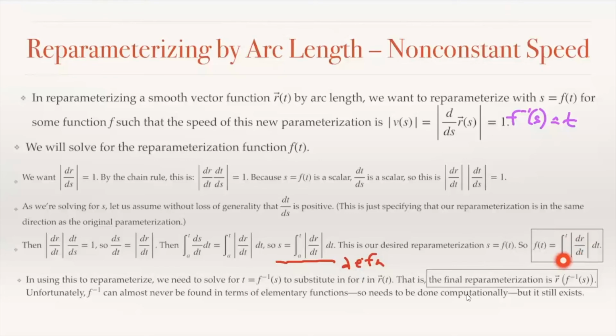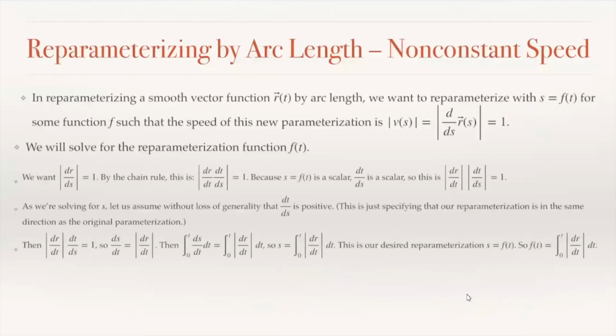So not only are we taking the integral of the square root of a sum of squares, but then we're taking the inverse function of that. And the point is that that can almost never be found in terms of elementary functions. It needs to be done computationally, but it still exists in theory, certainly. I mean, that's the formula for it.